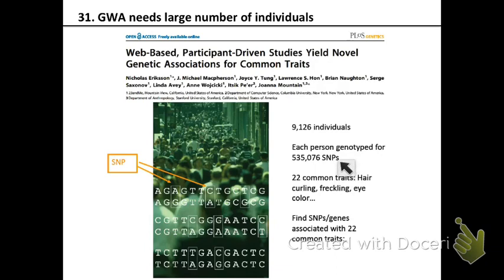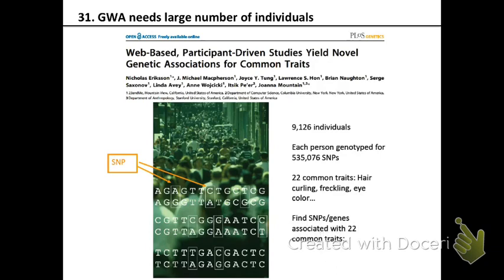So you pick certain SNPs across the genome, and because each of these SNPs are going to be linked to each other, you can choose a smaller number of SNPs. So they looked, for example, for 22 common traits like hair curling, freckling, eye color, etc. And then they could find some SNPs and genes associated with some traits.